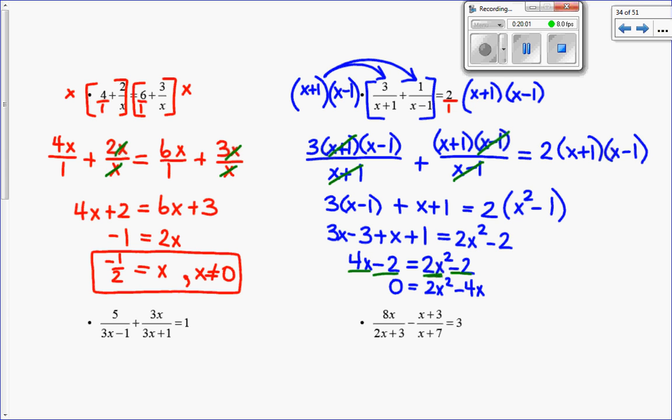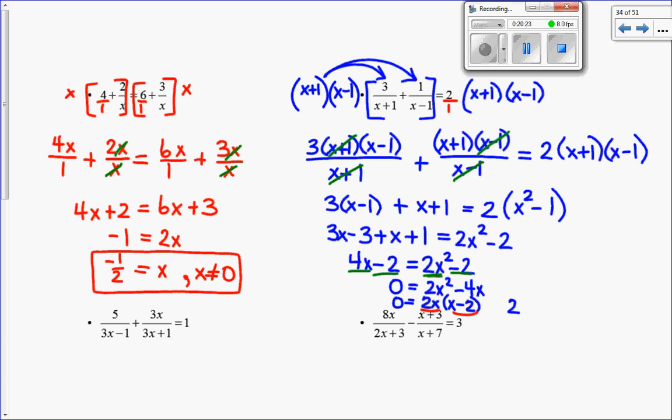Now I see a common factor here that I can factor out, so I need to do that next. So that's the same thing as saying 2x times x minus 2. So what this means is that this term cannot equal 0 and this term cannot equal 0. So I'm going to set both of those to 0.